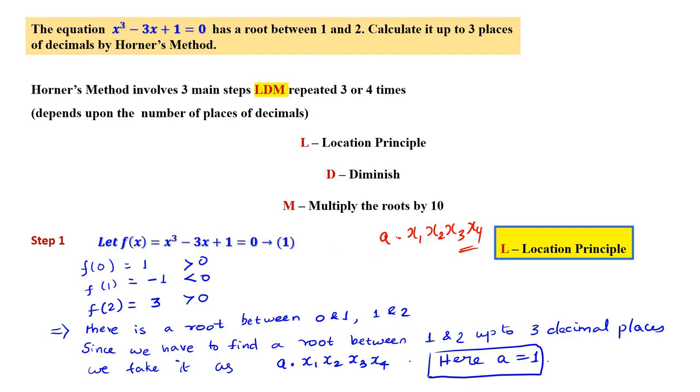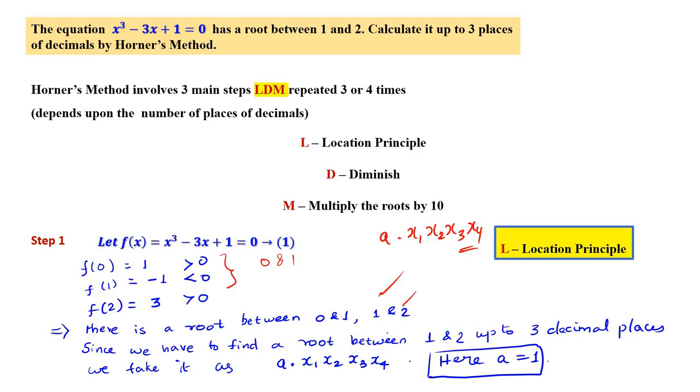This is how we assume the root to be. In this case, there is a root between 0 and 1 too, because this is positive and this is negative, but we are asked to find only the one between 1 and 2. So that is the only one we need to consider.